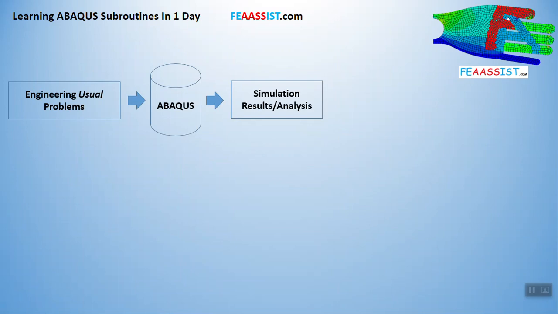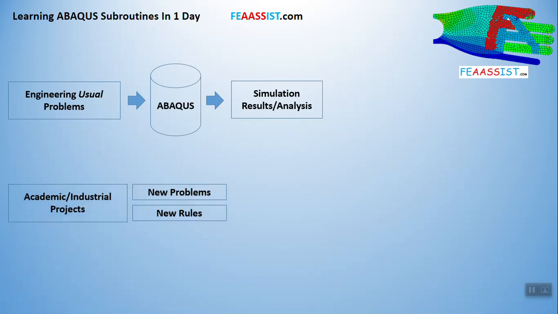And you can use this Abacus software to analyze your results, to solve your problems and get your results and analysis. But in academic and industrial projects, there are many new problems and new rules. These new problems and new rules are not included in Abacus itself. So Abacus is not enough to solve these problems.